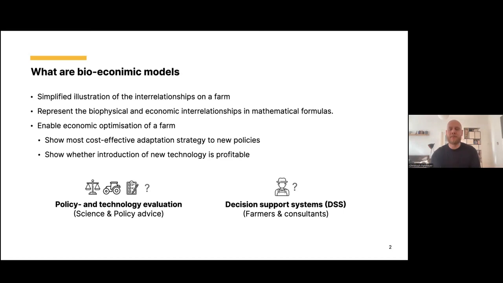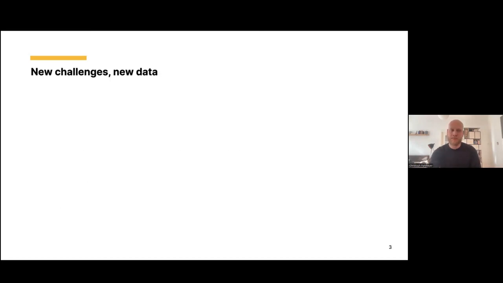Those are basically the two main use cases for bioeconomic models, and interestingly, especially the latter is rarely used. I come from a farm background, so that has always been of interest to me, studying economics in the master's and bachelor's. I was thinking, why do we use these models for policy evaluation but rarely for decision support, even though it should be interesting for farmers?